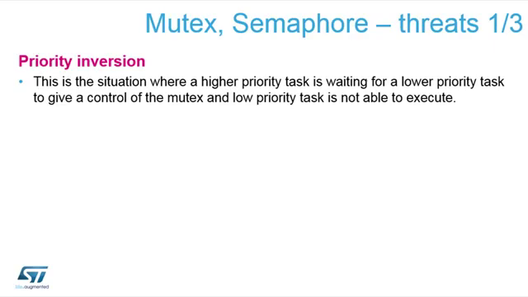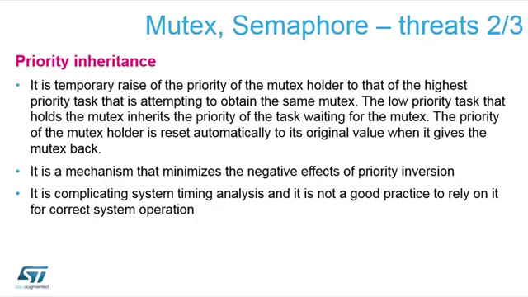If this wouldn't be implemented, a priority inversion would occur, and you would be deadlocking the execution. So FreeRTOS is able to prevent the priority inversion by giving the lower priority task a higher priority if a higher priority task is waiting for its resource. This mechanism is called priority inheritance, and it's managed automatically by FreeRTOS. So the effect is a temporary raise of the priority for the lower priority task.